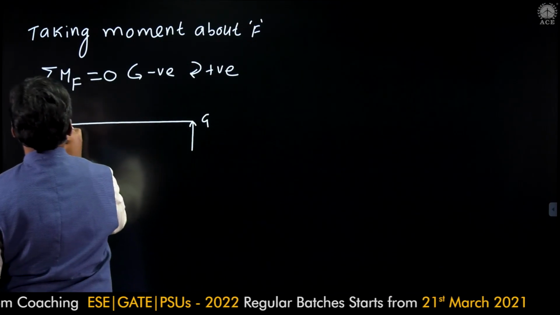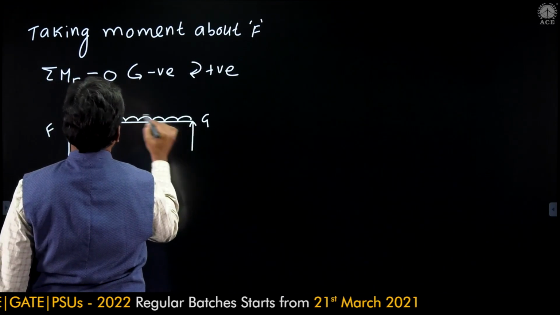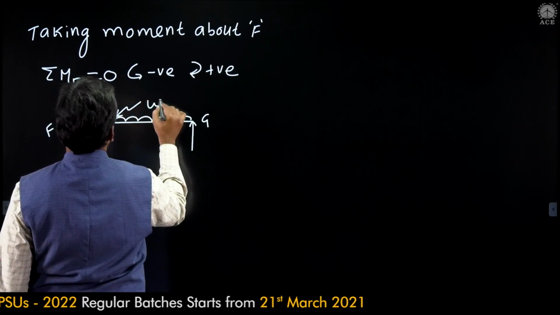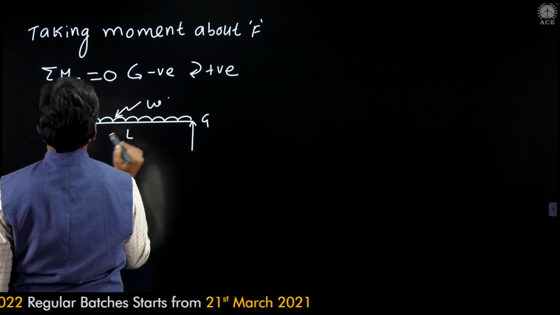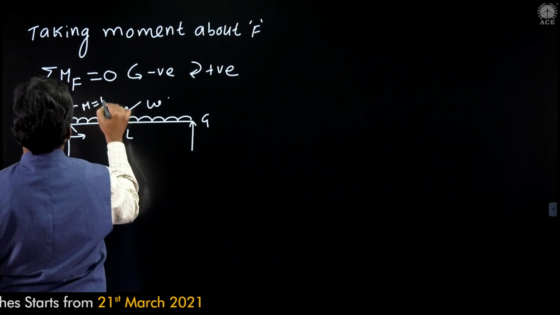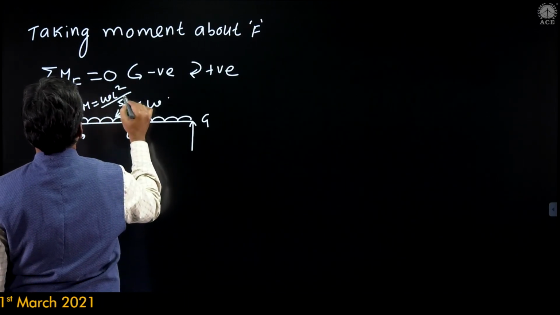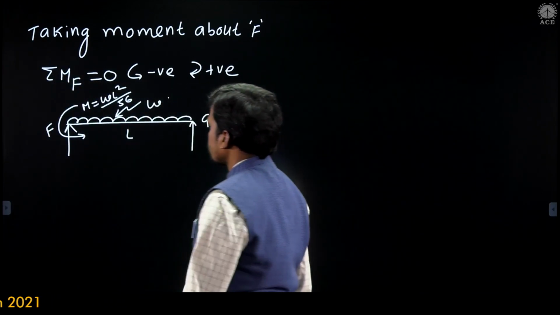So this is G, this is F, there is a UDL W, length L, and we got the moment value, I think WL square by 56, right?